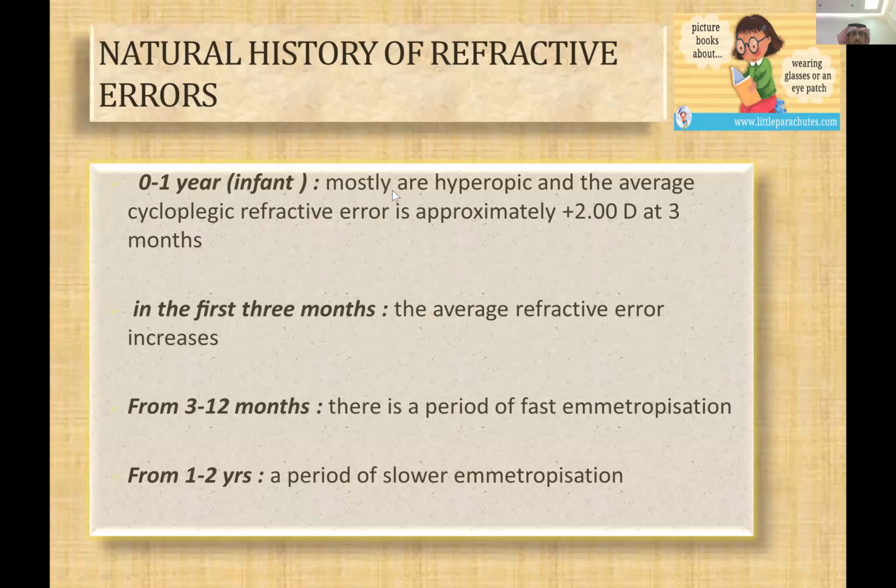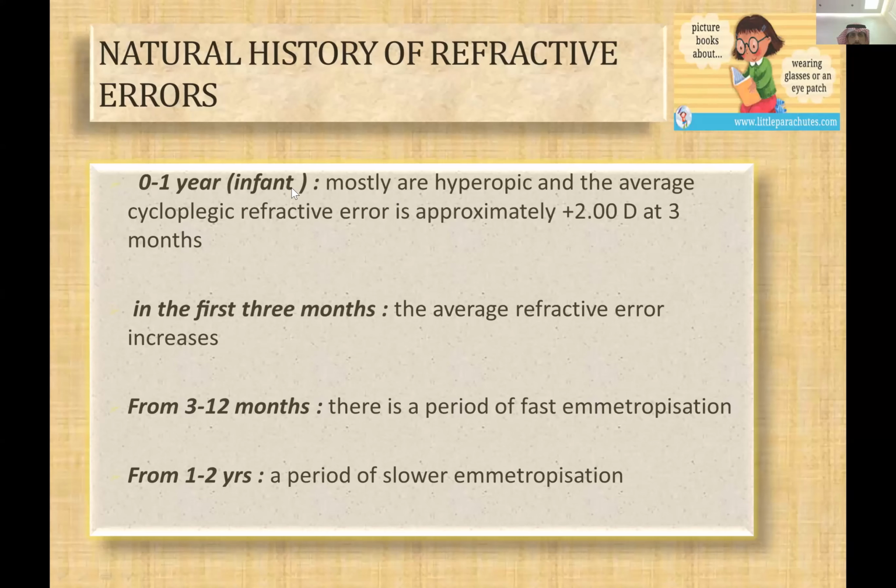Natural history of refractive error. Natural history means what are the normal refractive errors for each age, and also what will happen to each refractive error during development.